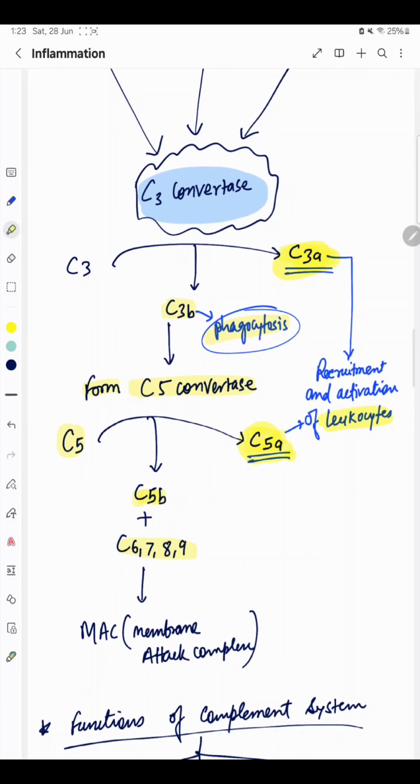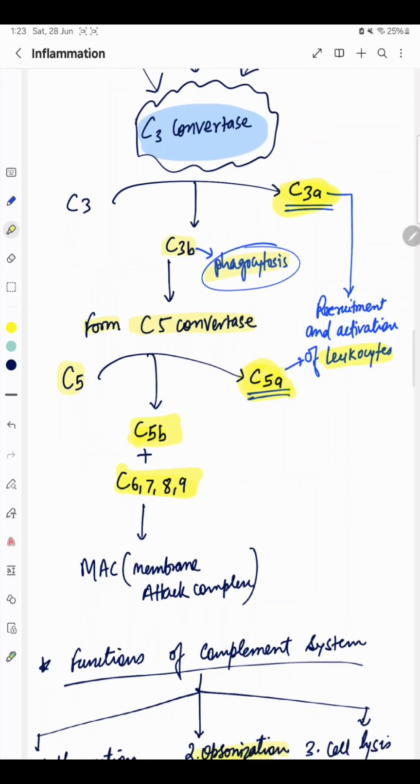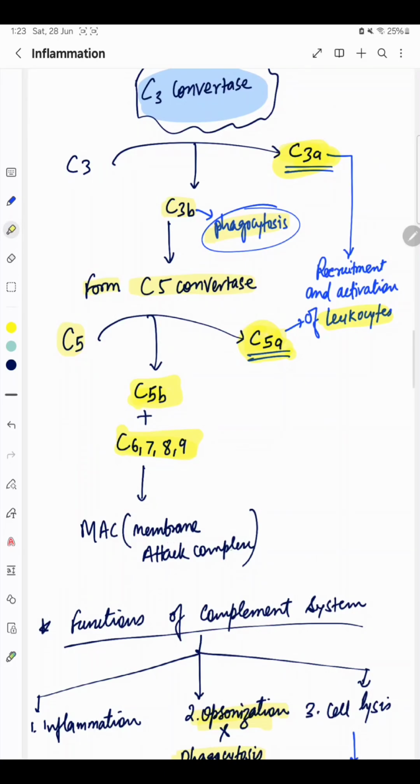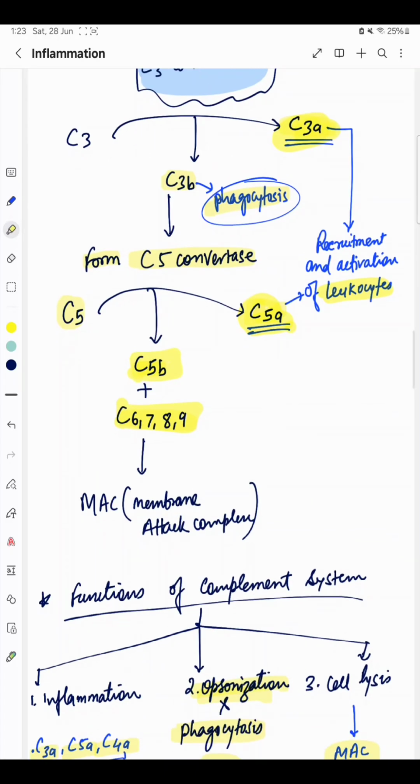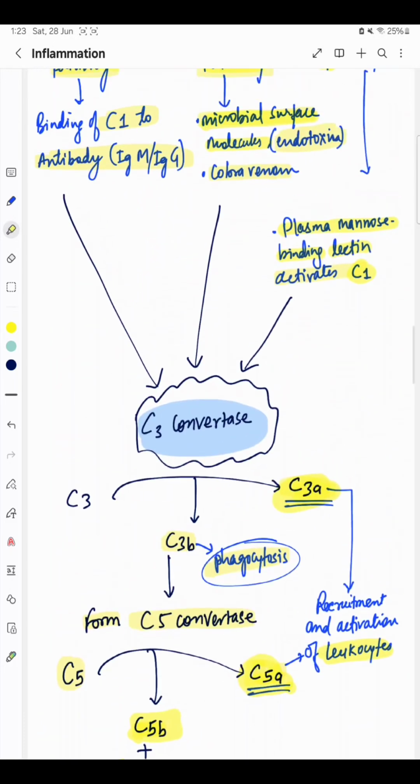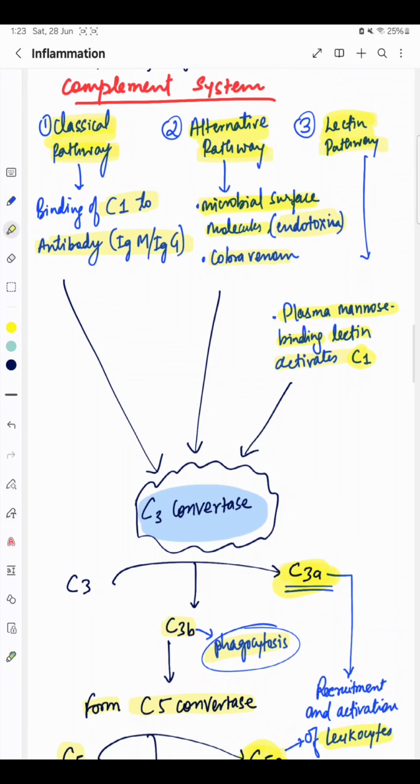This C5b, with the help of C6, C7, C8 and C9, forms a membrane attack complex, which is ultimately responsible for the injury to microbes or the target cells. So this is the complement system activation through classical pathway, alternative pathway and lectin pathway.